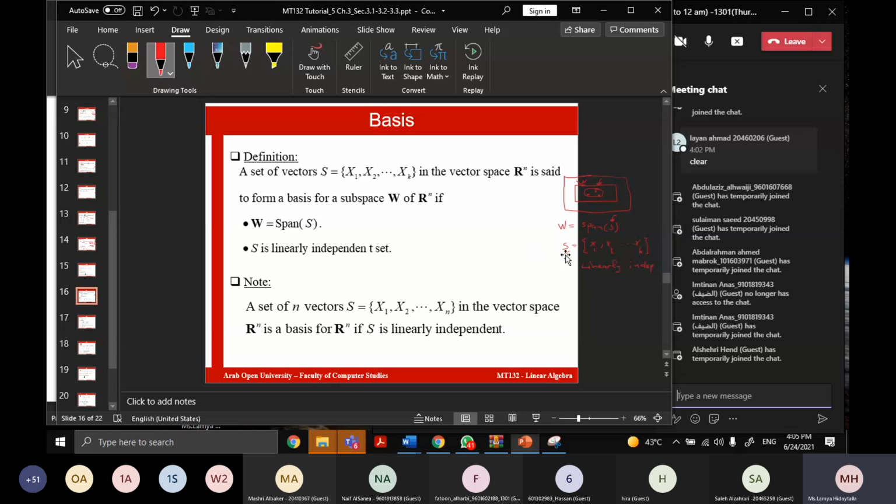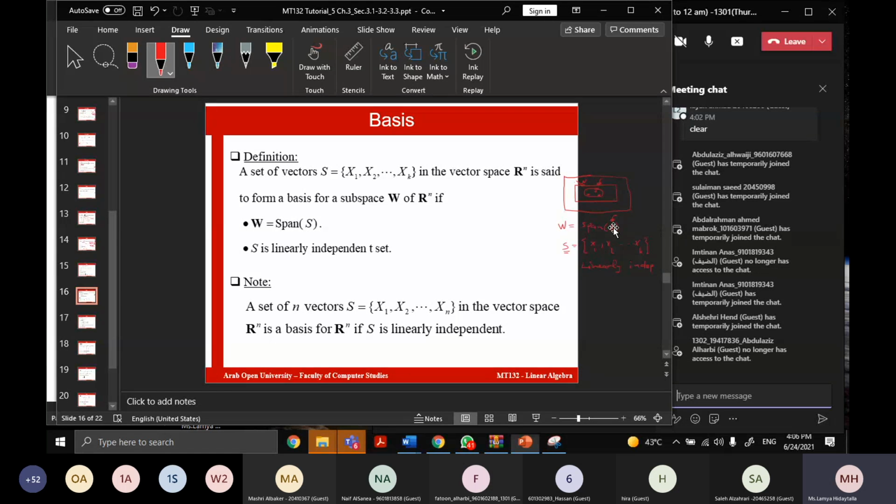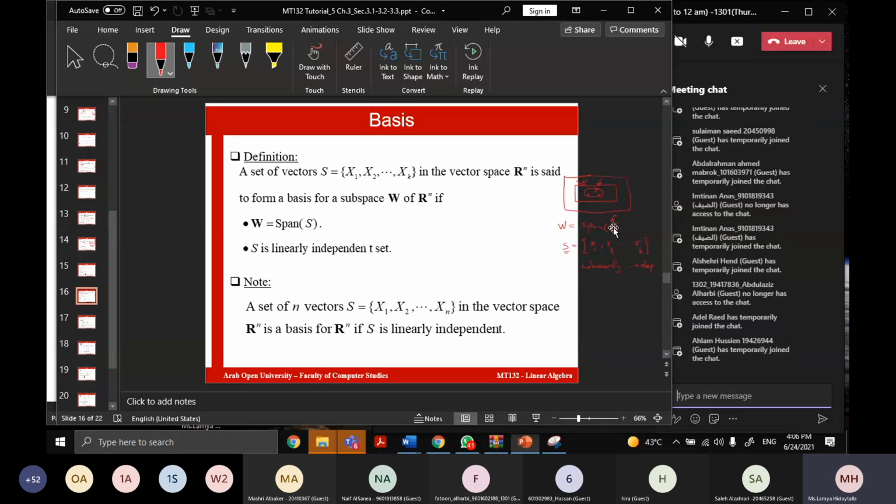And moreover, these elements, I need all of them. They are very important. I cannot cancel one of them. That means no two can replace any one of them, which means they are linearly independent.